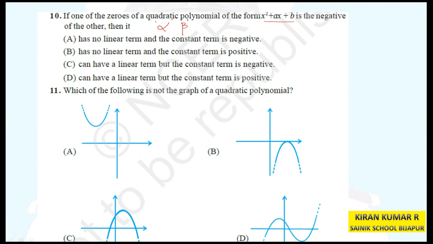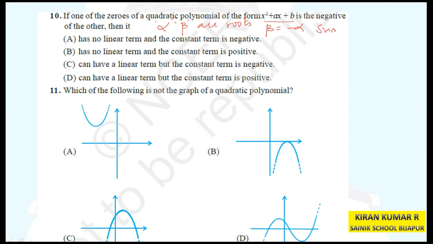Look at the 10th question. Suppose I consider a quadratic polynomial where alpha and beta are the two roots. Beta I'll take as minus alpha. The reason is one of the roots is a negative of the other. So alpha and minus alpha are the roots.